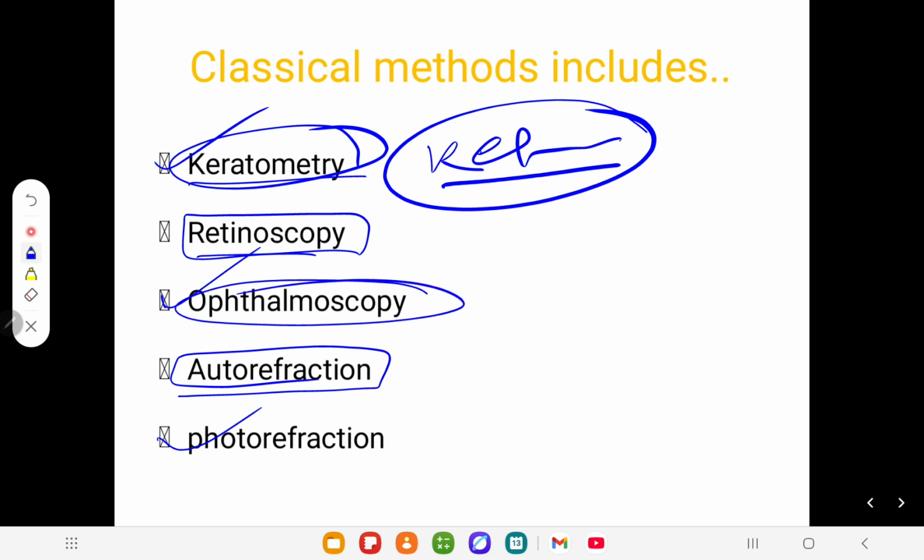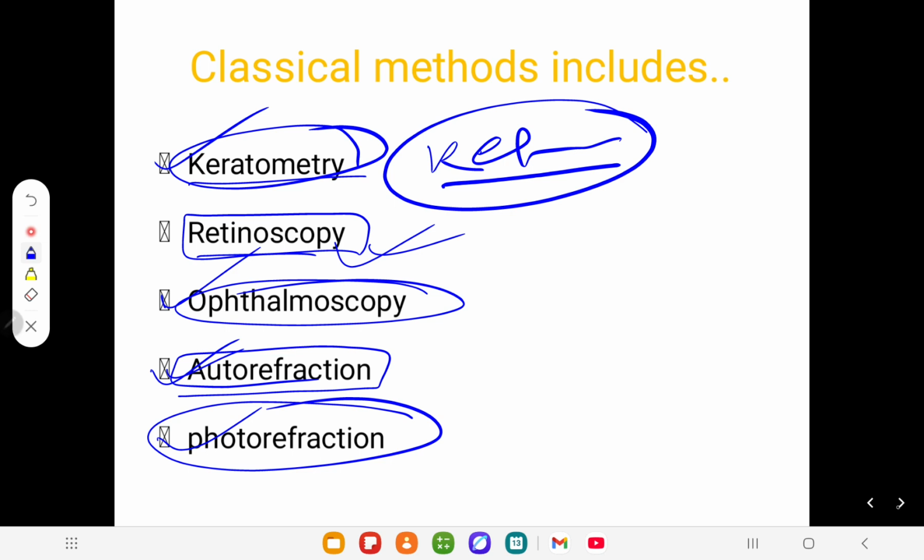Ophthalmoscopy, yes, grossly, but not that much. Autorefraction is very useful, and nowadays there are very good autorefractors. But definitely the retinoscope is far better if you are a skilled optometrist. And photorefraction is also a good choice in the case of an uncooperative pediatric patient.